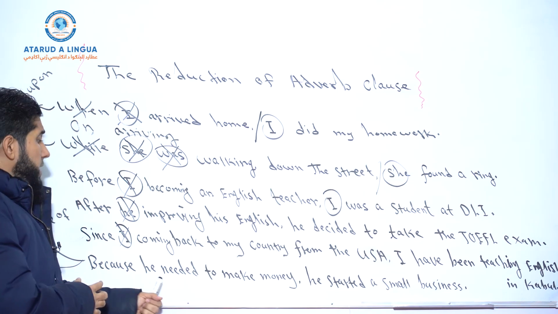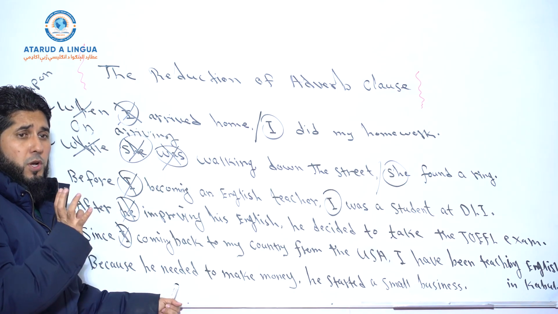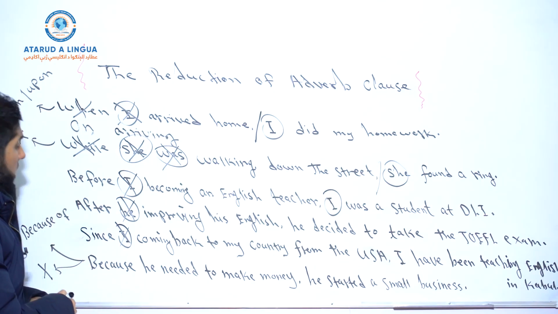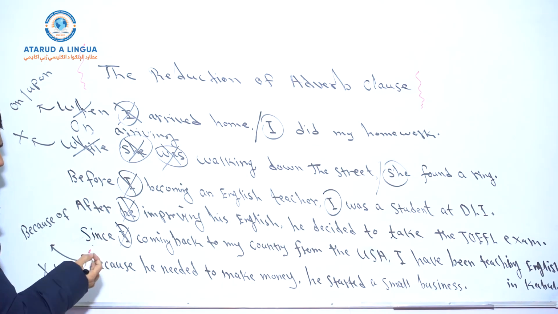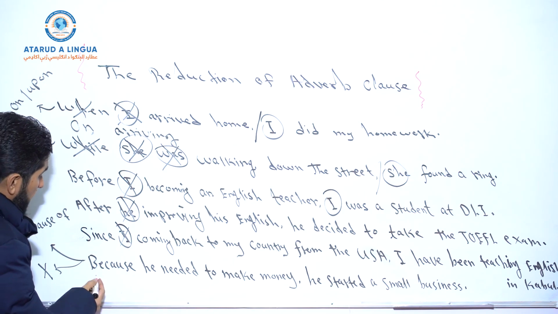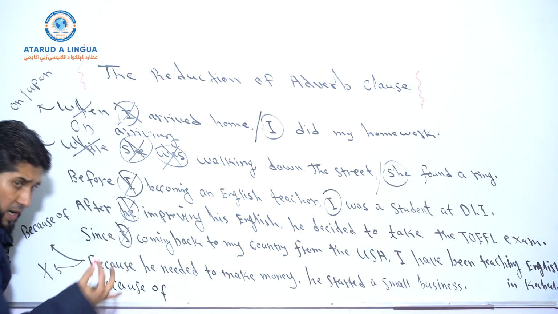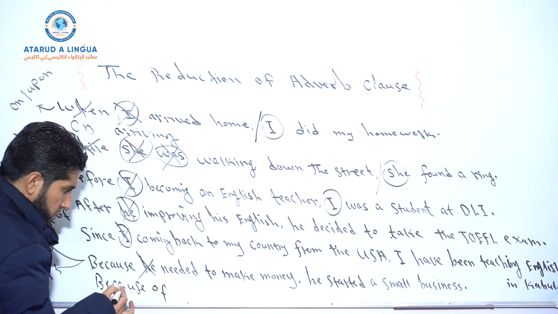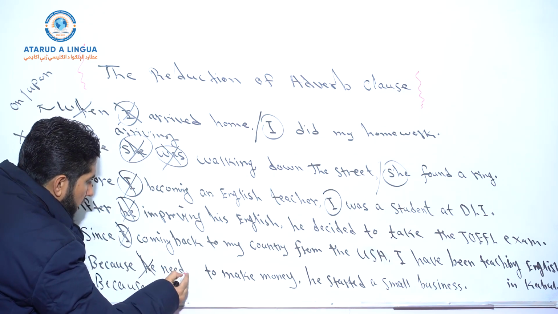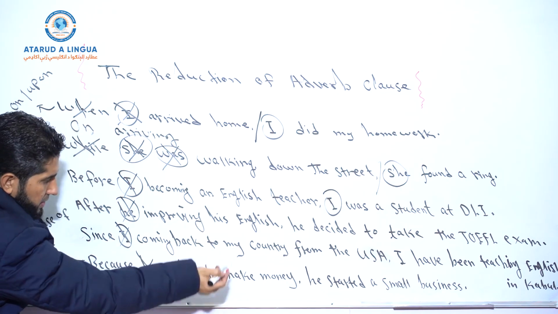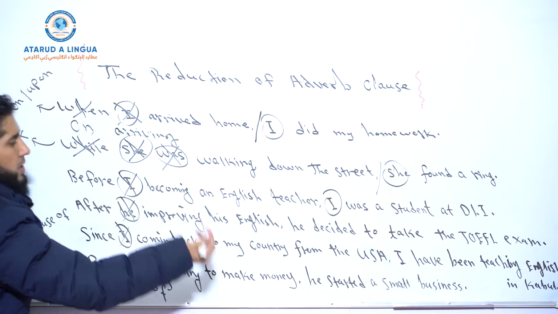So it shows the cause of an action in its main clause. Okay, so what can we do here? You can change "because" to "because of," and remove the subject and change the main verb to ing form. "Because of needing money, because of needing to make money, he started a small business."